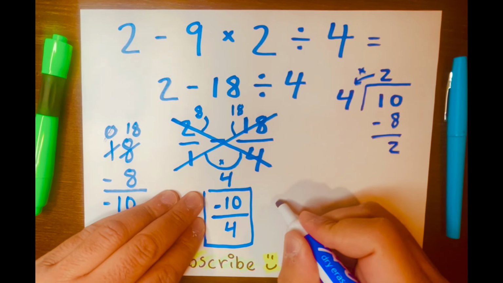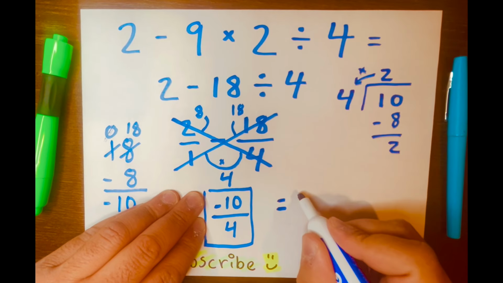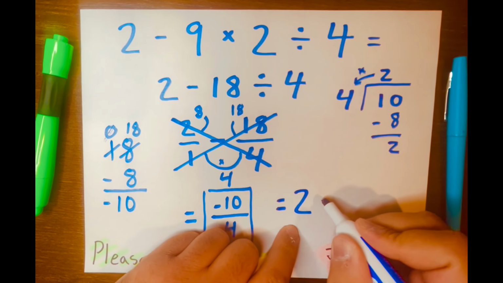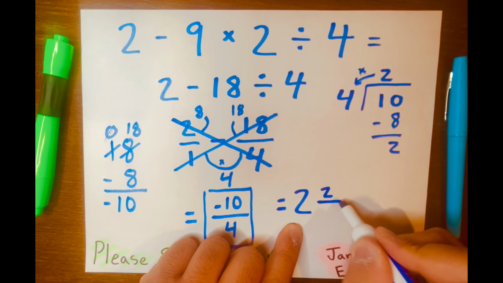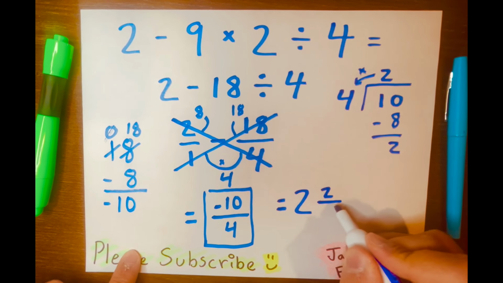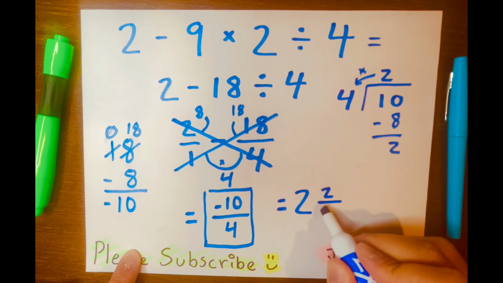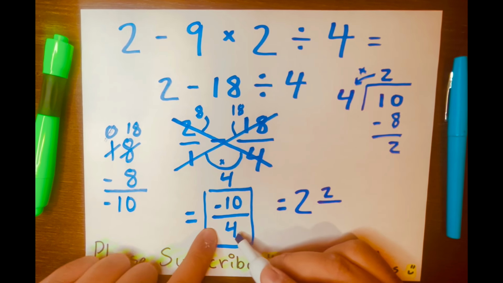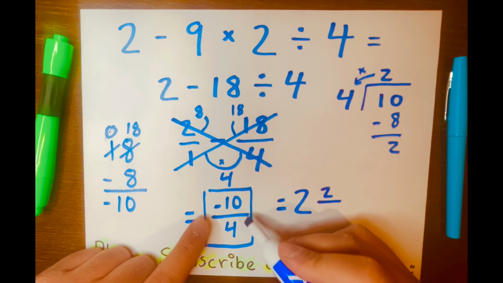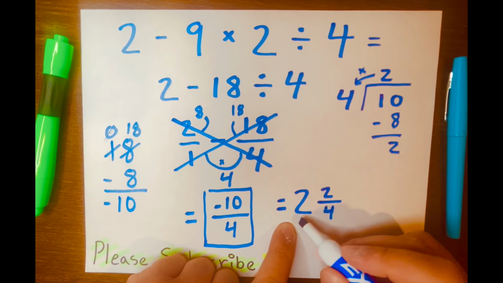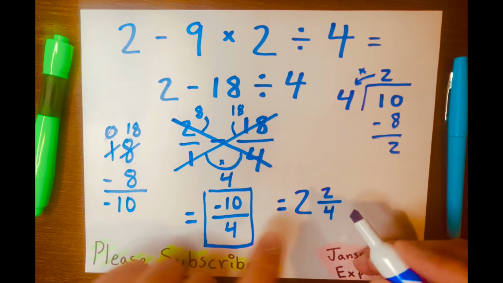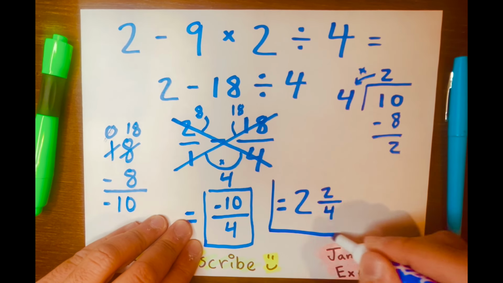So we can write our mixed number answer. The whole number is 2, and the proper fraction is getting the remainder, write it above the fraction bar. And then you take the 4 from the denominator from this improper fraction and write it down here. So now your mixed number answer is 2 2/4. And so I'll box that up.